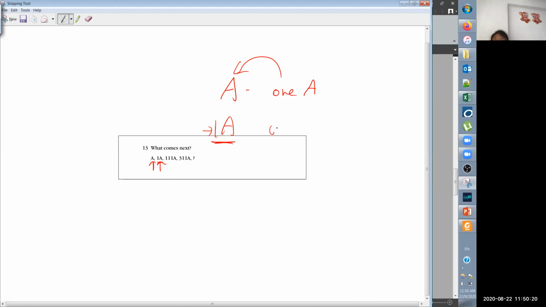This is 1 1 and then 1 A, right? You have 1, 1, and then you have 1A, right? So 1, 1, 1A is 1, 1, 1A, right? So 这个就是 1, 1, 1A 了，有没有看到？So 再来啊，1, 1, 1A.